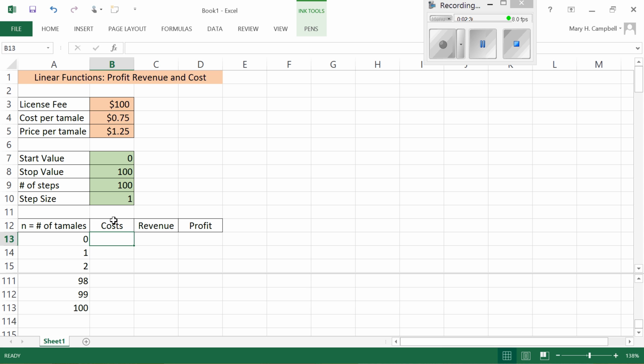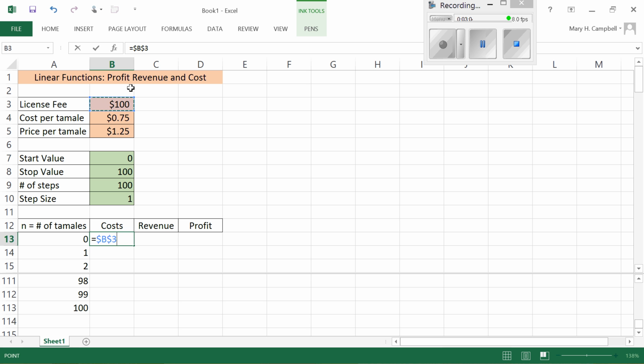Okay. Now the cost function, I'm going to make this interactive with my values up here. So I'm going to use cell references back to these cells, and whenever I reference back to a parameter, remember I'll need to F4 those parameter references so that they stay fixed. My costs involve the license fee, so equals the license fee, and then I will F4 the license fee.